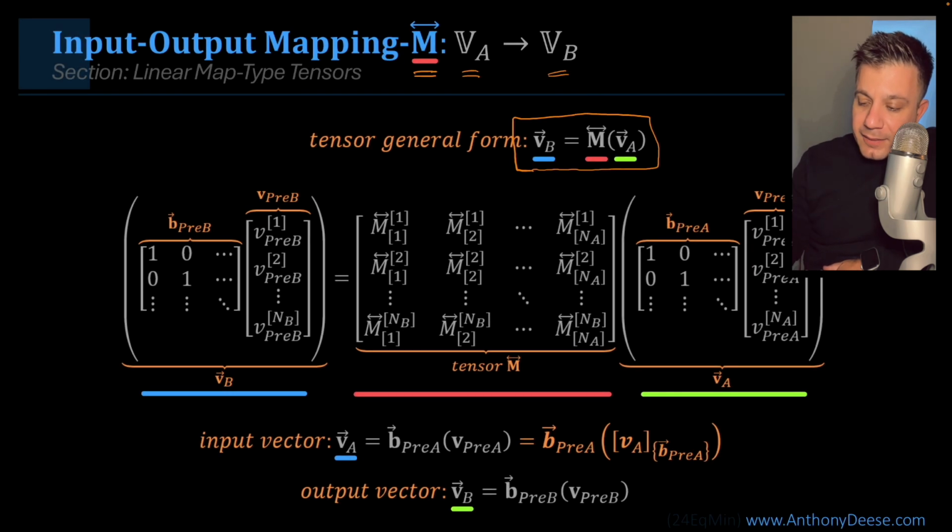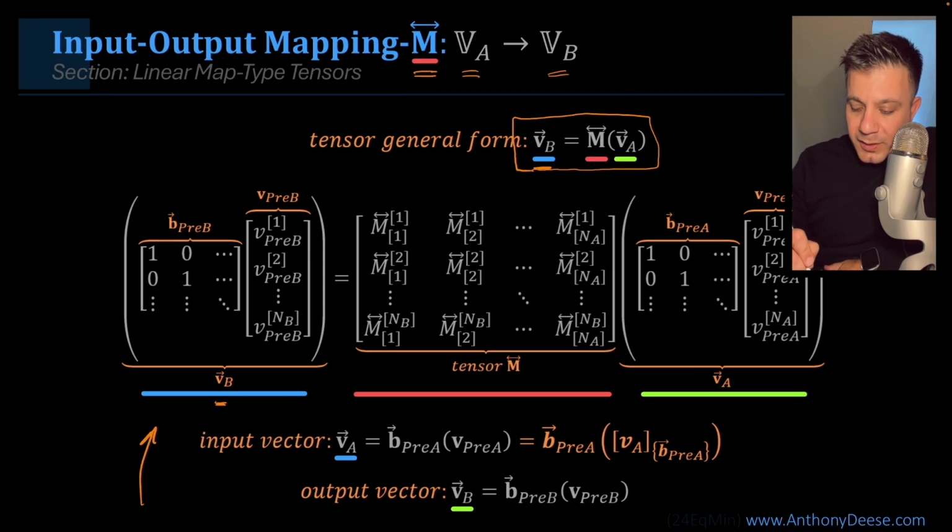We can expand that, however, and that gives us the representation shown here. It looks a little bit cluttered, but I think for those of us that are not so familiar with the type of notation, it allows us to peek inside of these algebraic structures. So let's break this down. Here we have the blue underlined output or resultant vector, V_B.